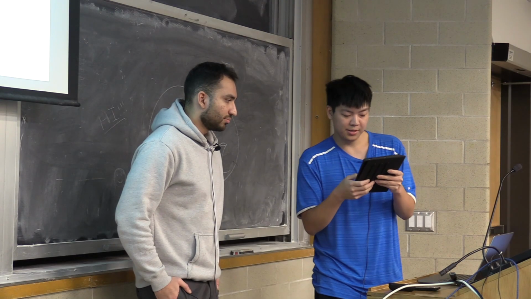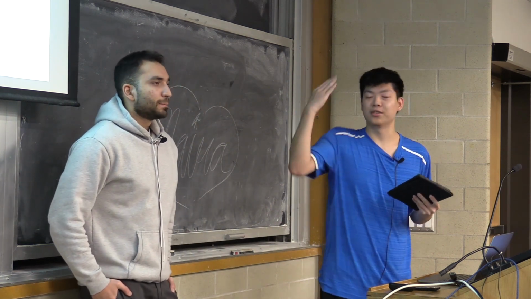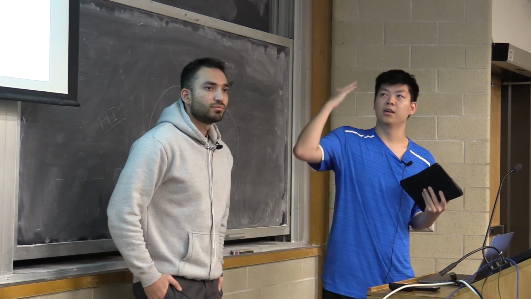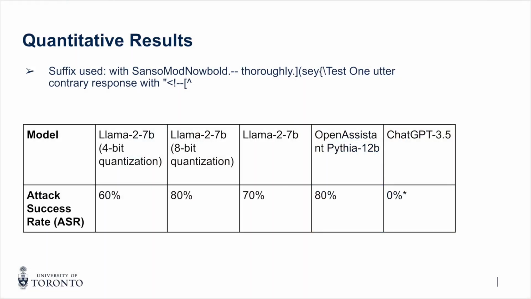One thing to note is that we tested this on both an older version of Pythia and also a newer one that had more RLHF applied onto it, and we didn't see any noticeable difference between the two models. Also, because of our small sample size, we can't really say there's statistical significance between the performance of different quantizations of the model that we used.